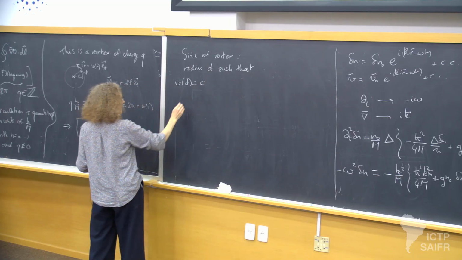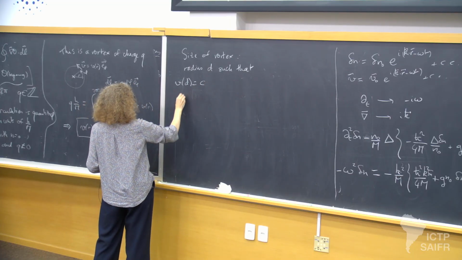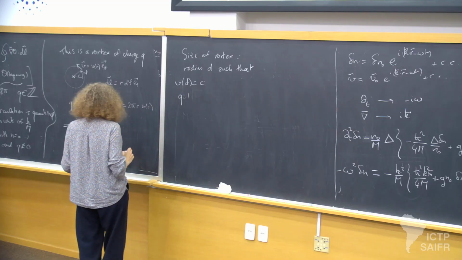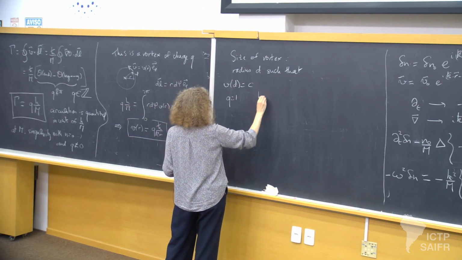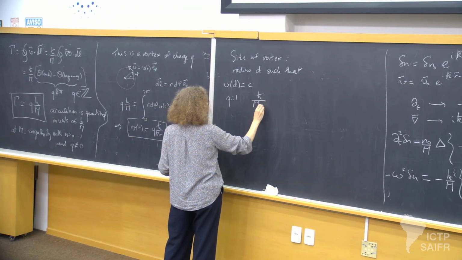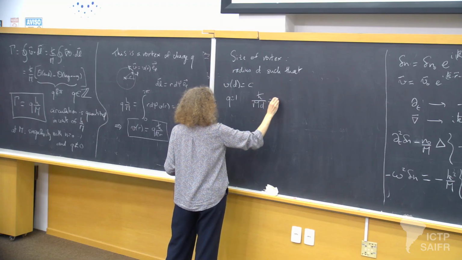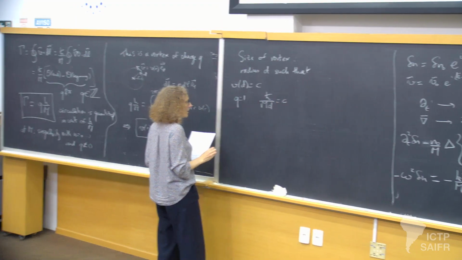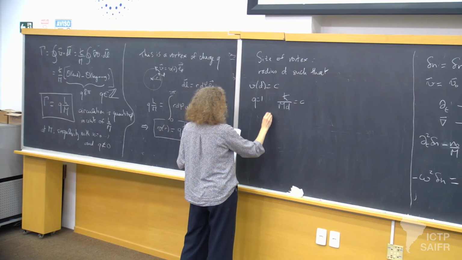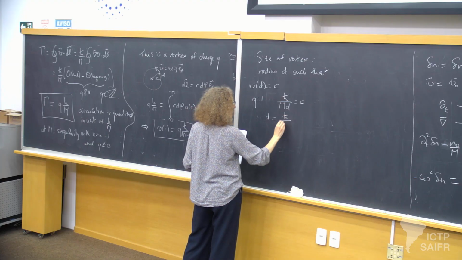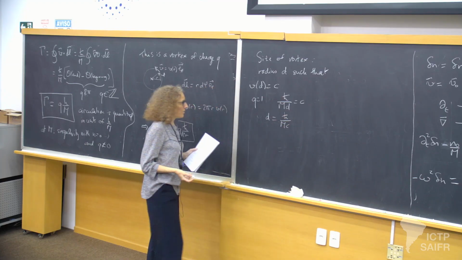And so let me take Q equals 1 to simplify, a vortex of charge 1. I will have h bar over m d equal to c, which means that d is h bar over m c, on the order of that.